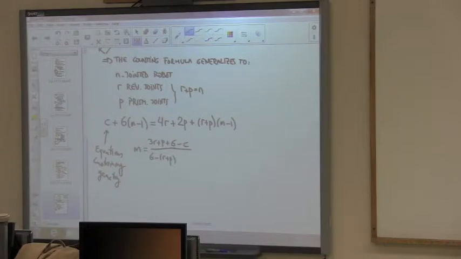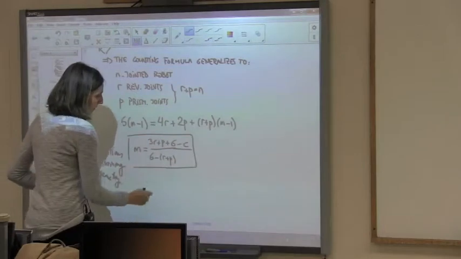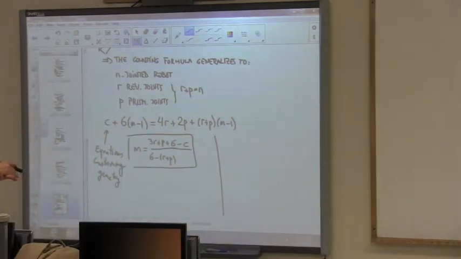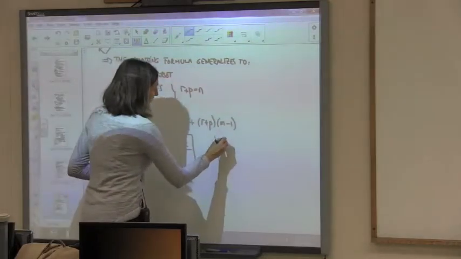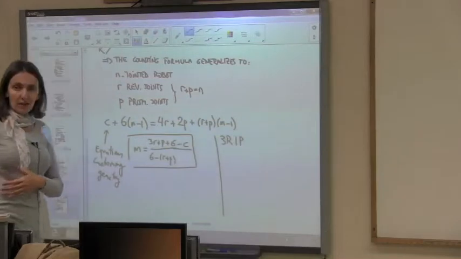Let me do a couple of examples using this formula. So now imagine that you want a robot that we can say is 3R 1P, for instance. 3R 1P means 3 revolute joints, 1 prismatic joint.